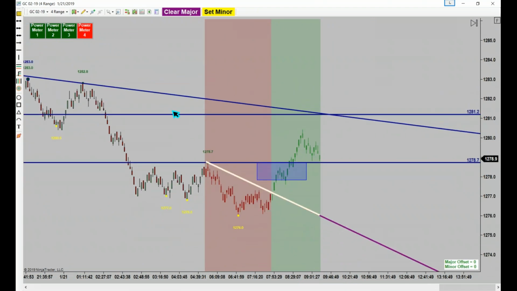So you're technically breaking this trend line right here. So I'd make those bars red.